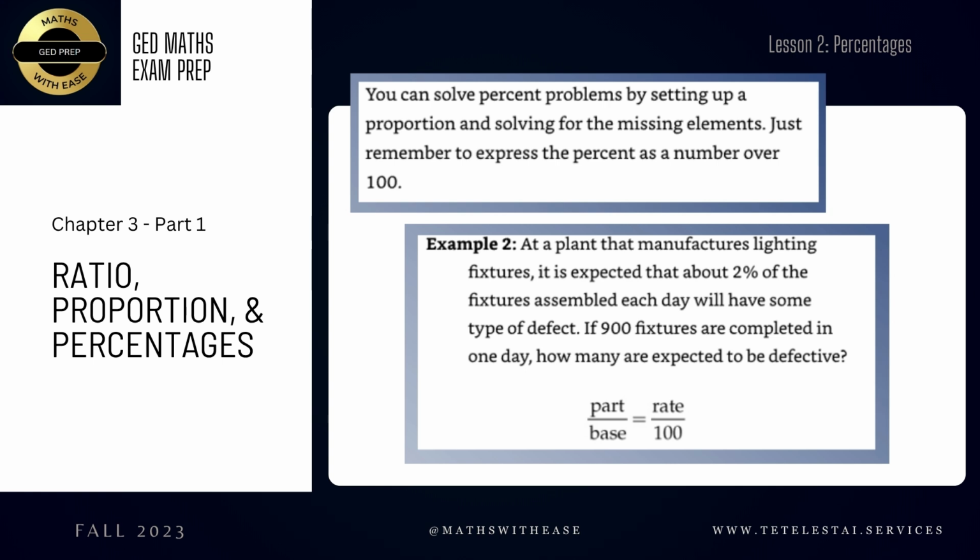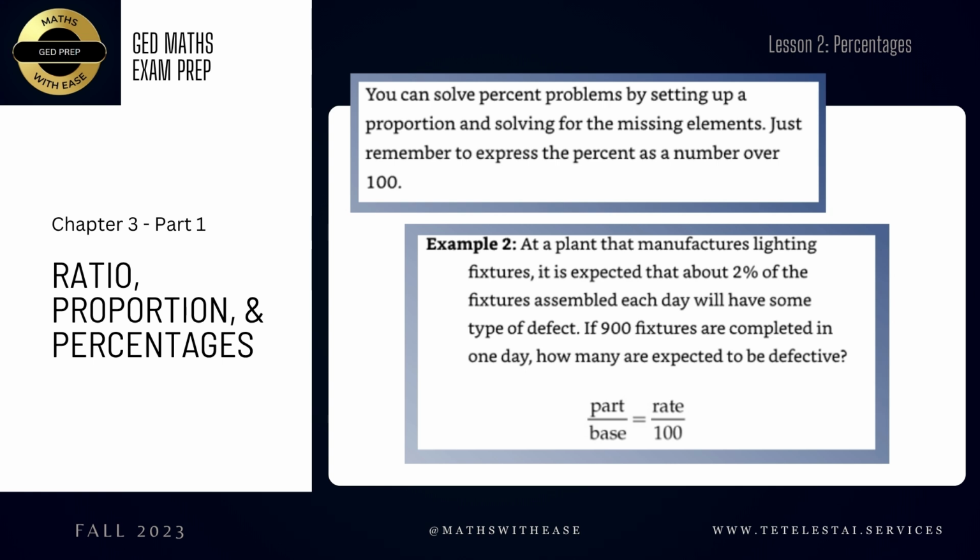In one day, how many? So how many is an indication of a portion or a part, right? How many are expected to be defective? Well, you can write down how many equals part, which equals X, because we don't know, right?